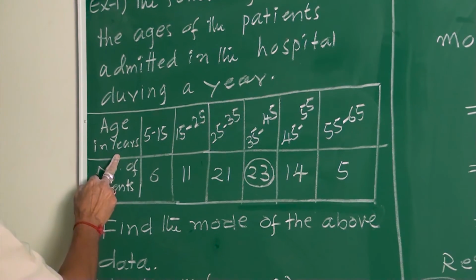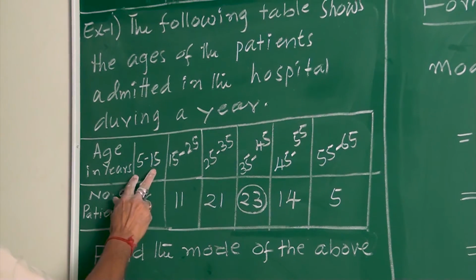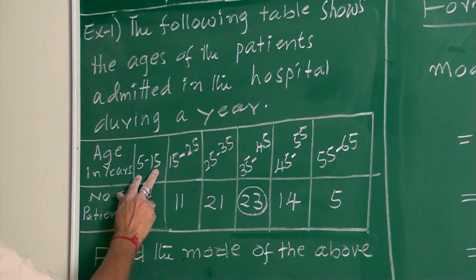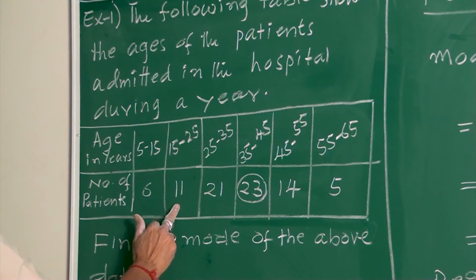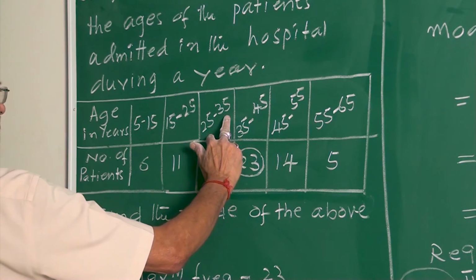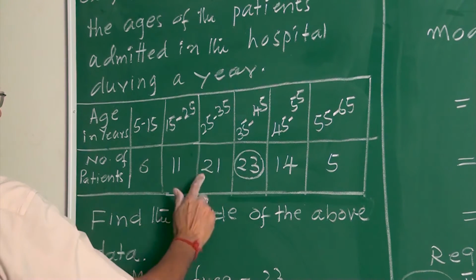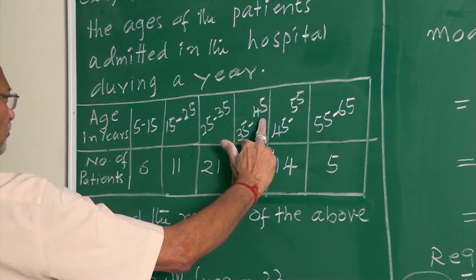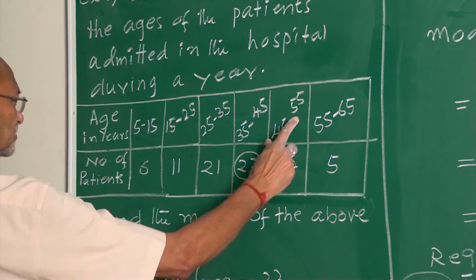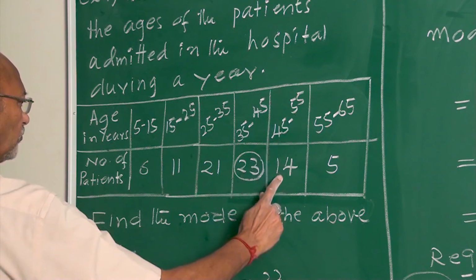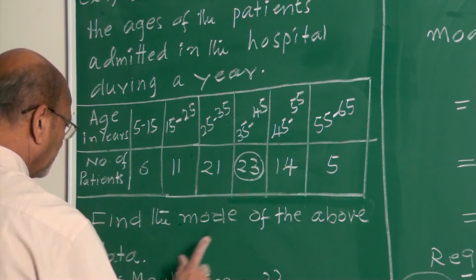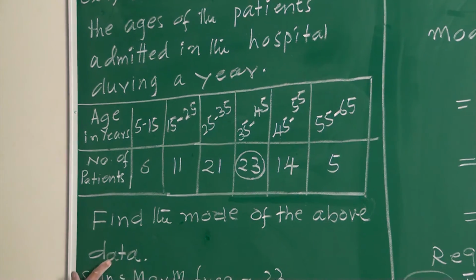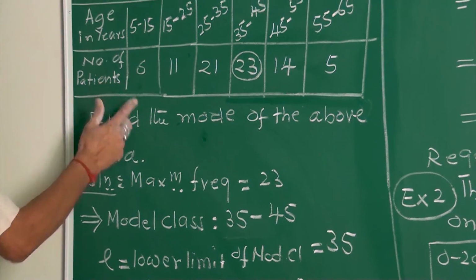Age group 5 to 15 has 6 patients, 15 to 25 has 11 patients, 25 to 35 has 21 patients, 35 to 45 has 23 patients, 45 to 55 has 14 patients, and 55 to 65 has 5 patients. Find the mode of the above data.